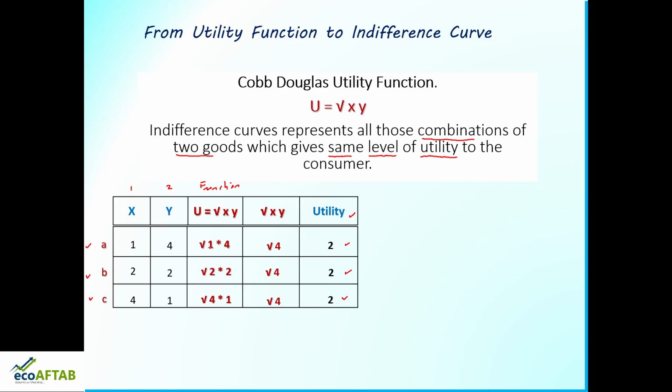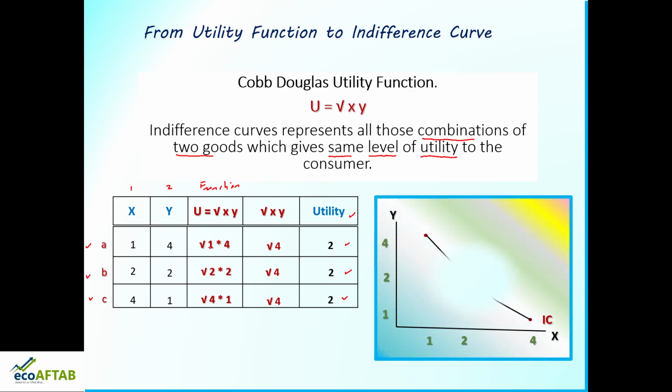Yes. So, in the side panel you can see I have plotted the indifference curve. So, what is this indifference curve? On x axis we are having x commodity, on y axis we are having y commodity, and you can see the indifference curve. Combination A, if you observe in the graph, we are getting this A combination which is 1 4, then we are having the next combination, that is B combination 2 and 2, and lastly we are having the third combination, and that is 4 and 1.